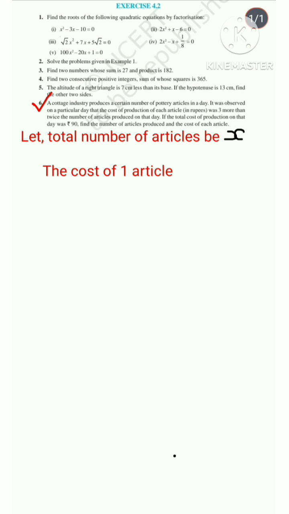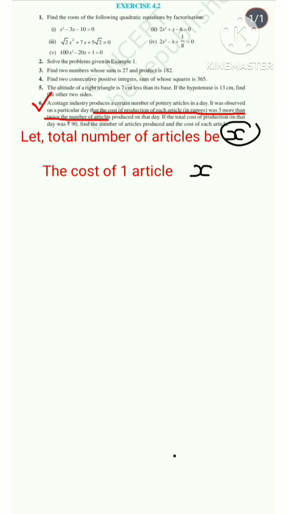Then what will be the cost of one article? Okay, let's read the given situation again. Here is written: the cost of production of each article was 3 more than twice the number of articles. The number of articles we have assumed here is x, right?